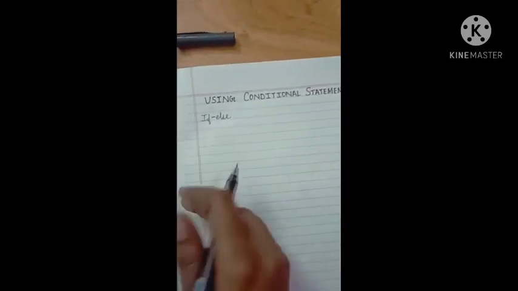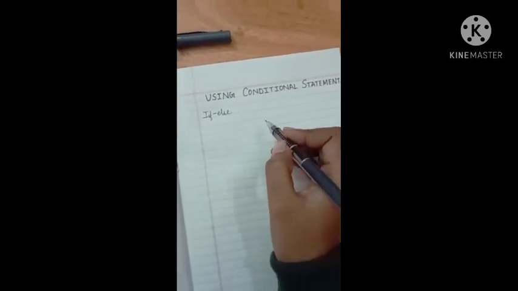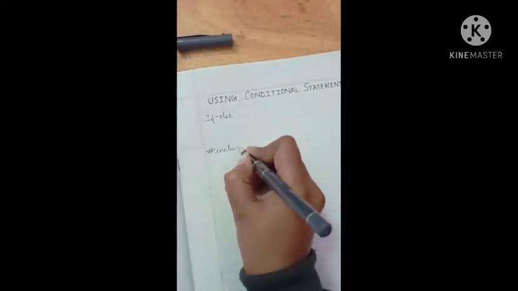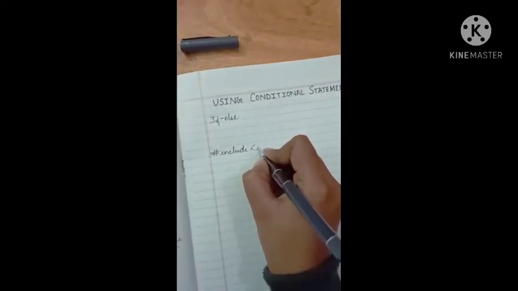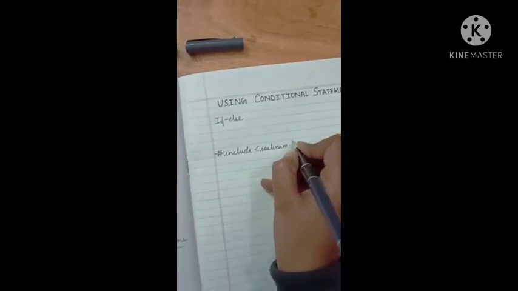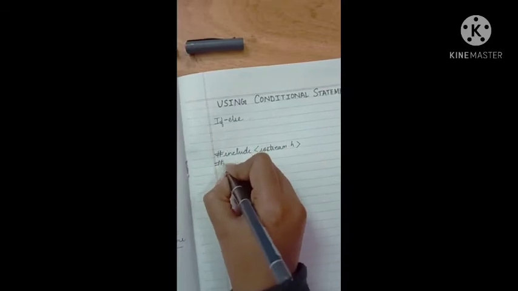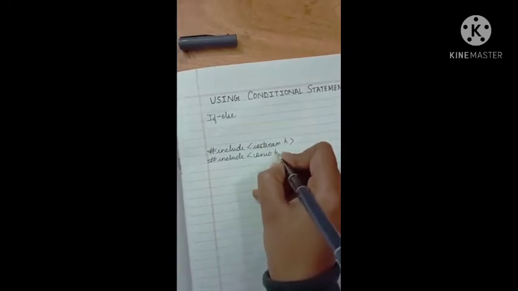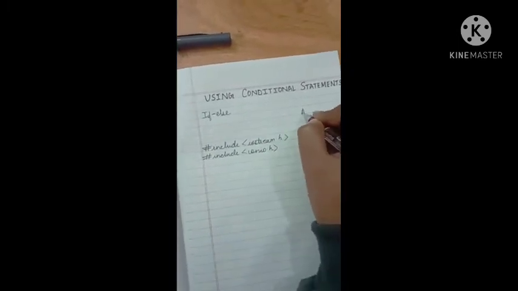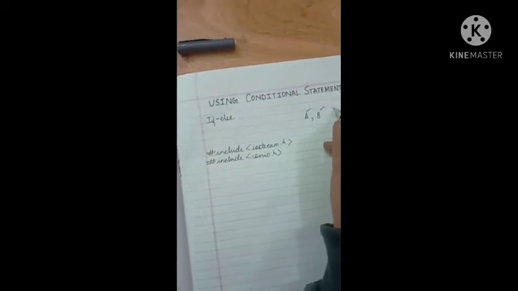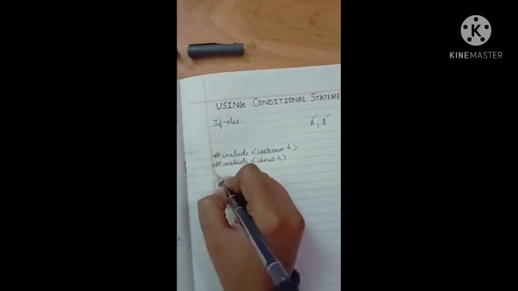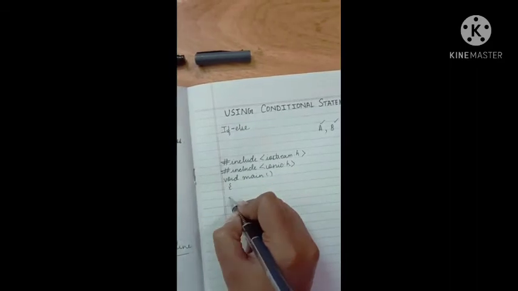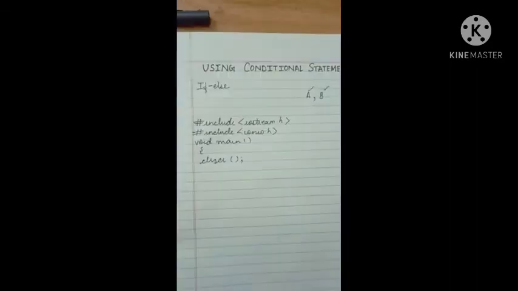First we give hash include iostream.h, then hash include conio.h.